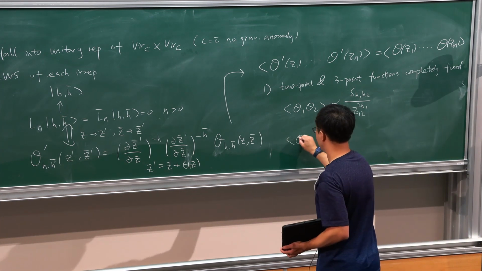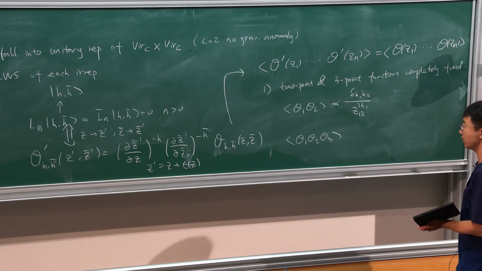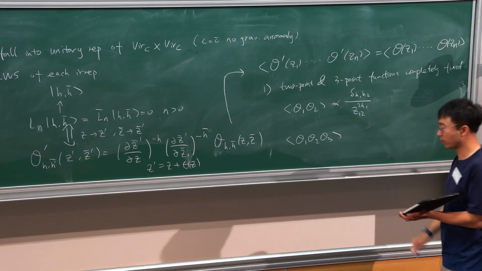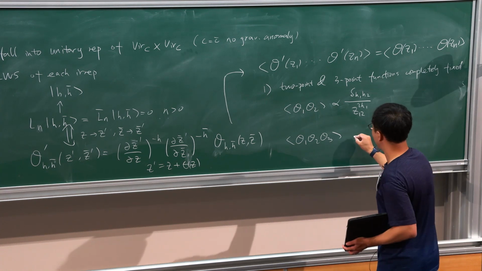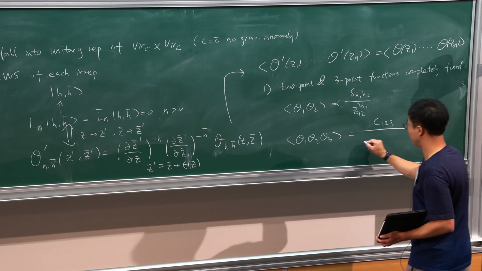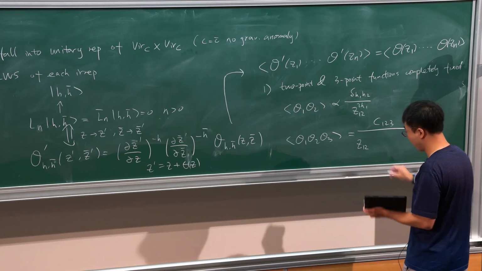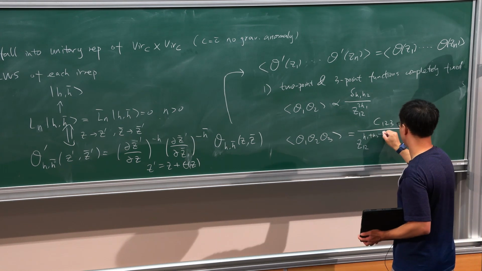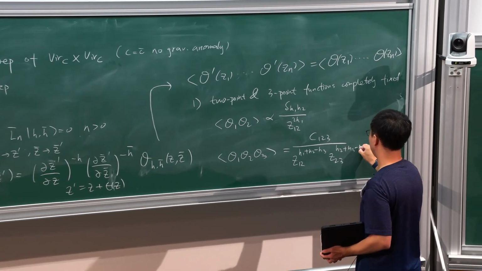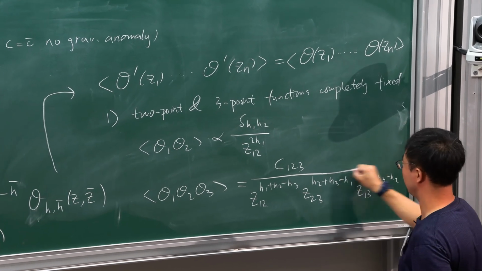And then similarly, if you study the constraints coming from this identity on the 3-point function of three operators 1, 2, 3, at locations z1, z2, z3, with conformal weights h1, h2, h3, you will find that this is equal, up to an overall coefficient, to a particular position dependence: z12, the difference between z1 and z2, to the power h1 plus h2 minus h3, then z23, you see the pattern, and z13.